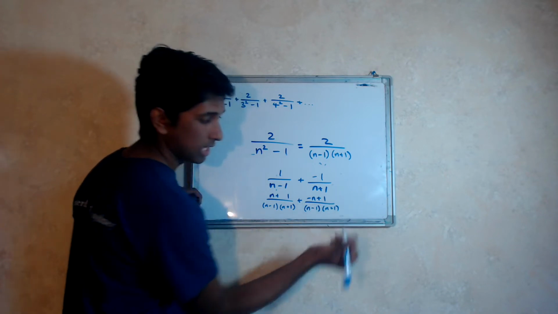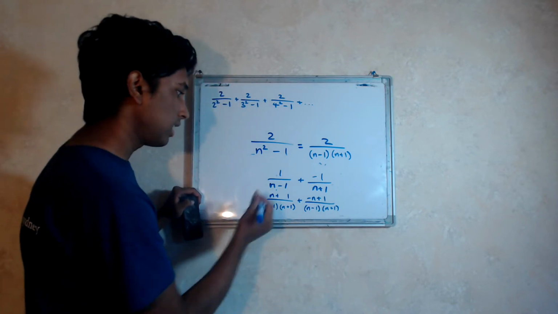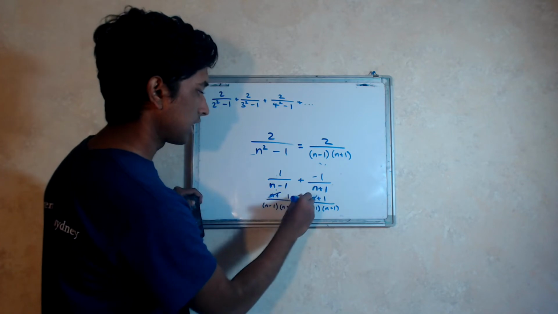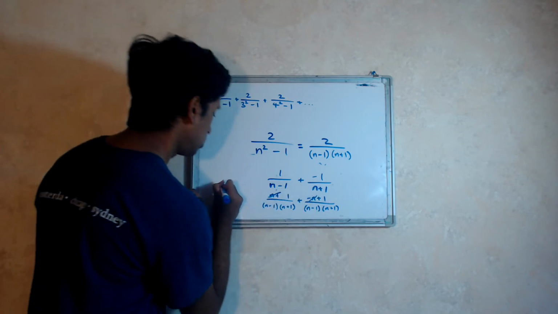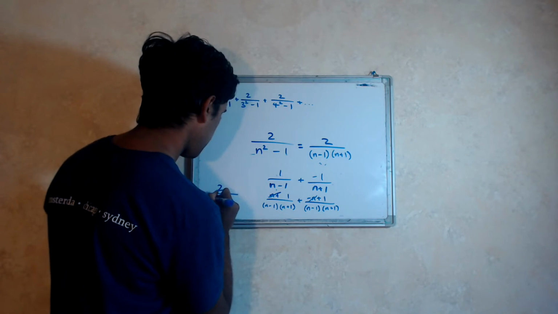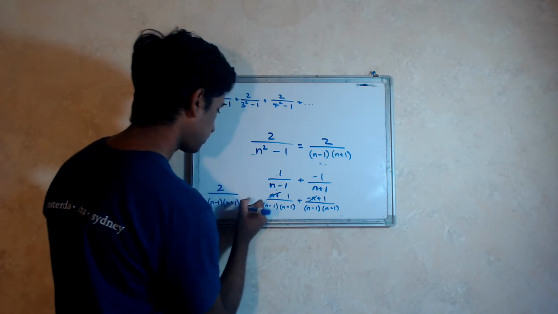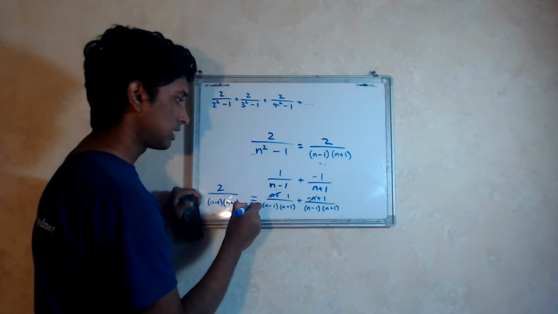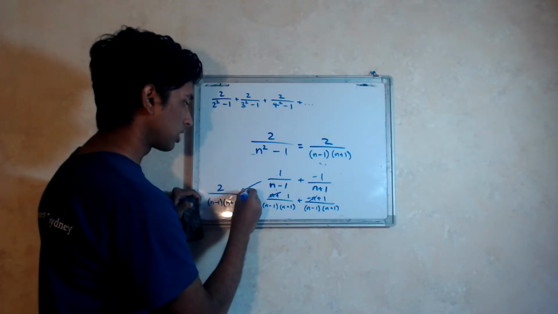Now these have the same denominator, so that's nice to add. And look at that, the n and the n cancel, and the 1 and the 1 add to 2. So we get 2 over n minus 1 times n plus 1 is equal to this, which means it's also equal to this.